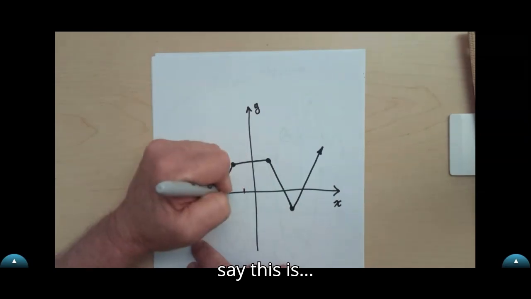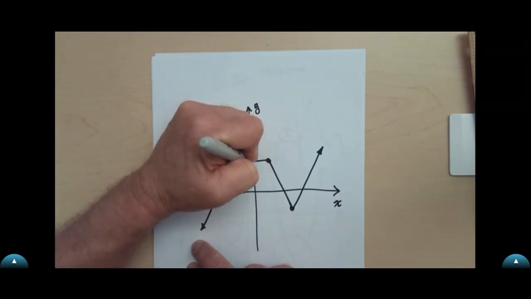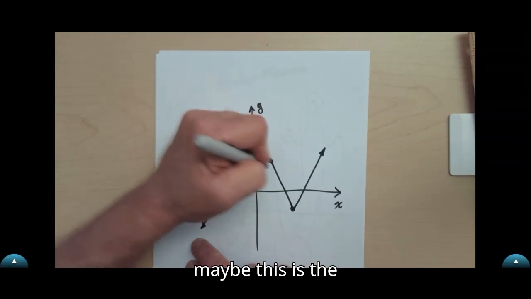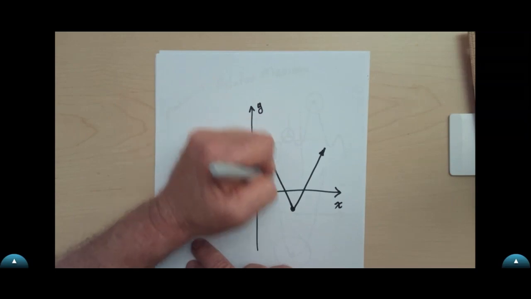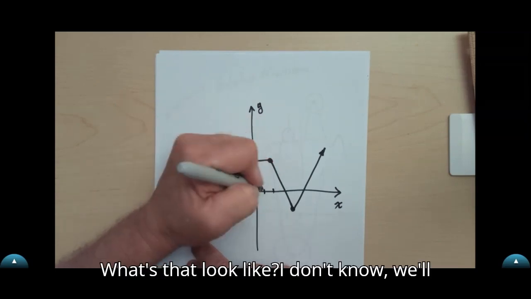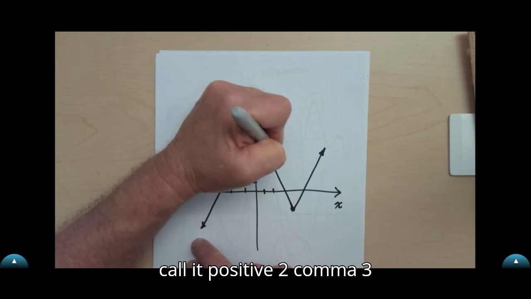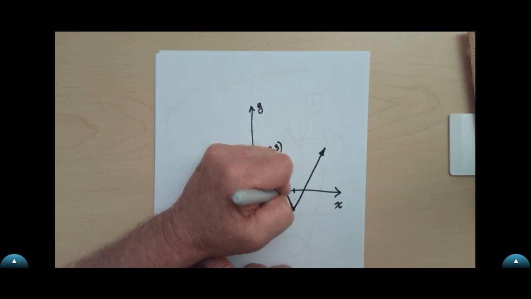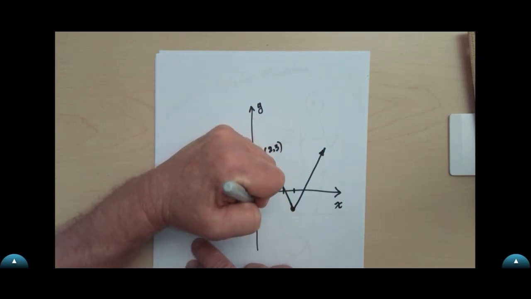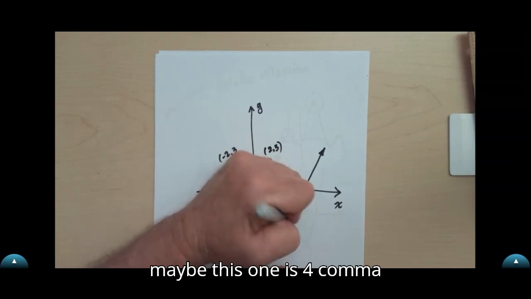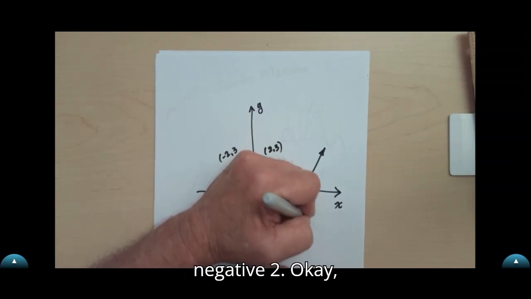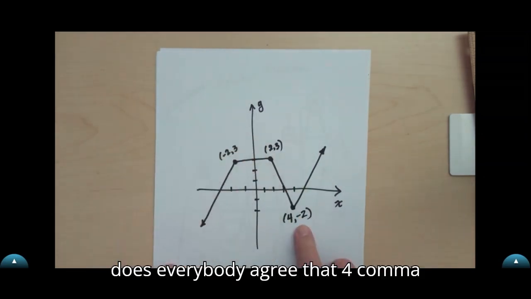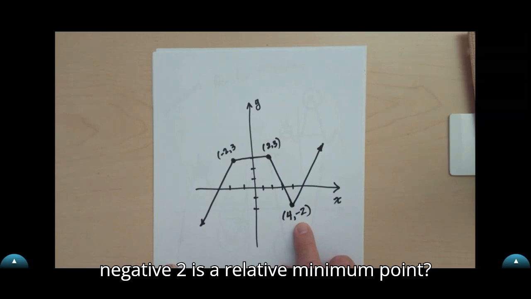So maybe that's the point -2, 3, and maybe this is the point, we'll call it +2, 3, and maybe this one is 4, -2. Does everybody agree that 4, -2 is a relative minimum point?